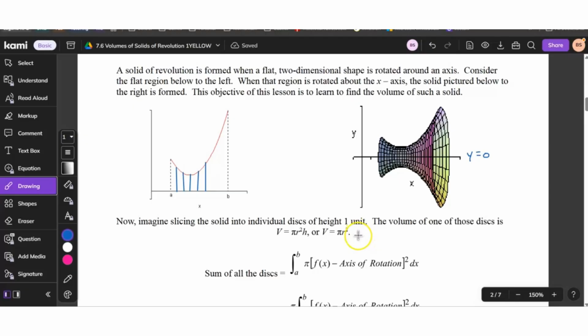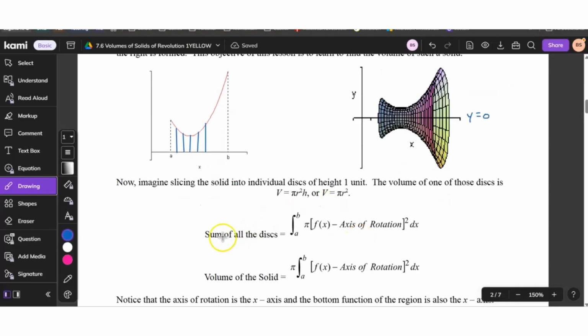So if that's the case, to sum up all of those discs, we could integrate from a to b of pi. Why pi? Because it becomes a circle, we're rotating it. And then here, to get our radius, the distance from the actual graph to the x-axis is going to be f of x, or the function, minus the axis of rotation.